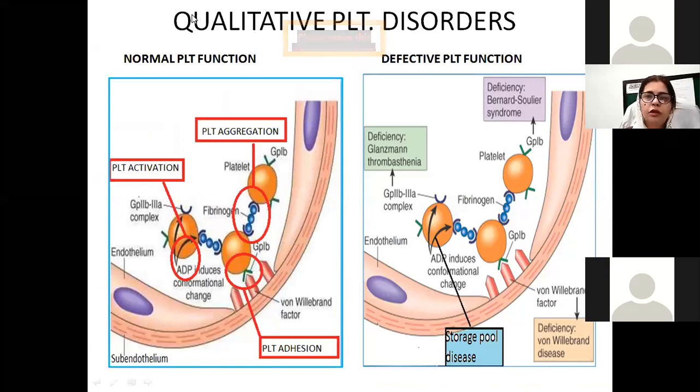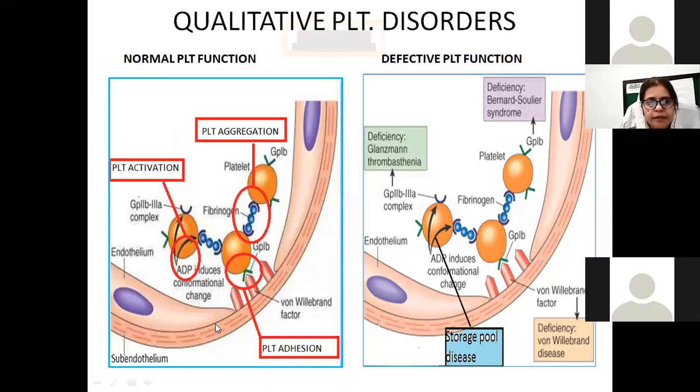Now coming to the qualitative platelet disorders. But before embarking onto it, let me first revise the normal mechanism through which a platelet plug is formed. We know that the endothelium lining of the vessel prevents the direct interaction of the subendothelial tissue with the blood cells, especially platelets.